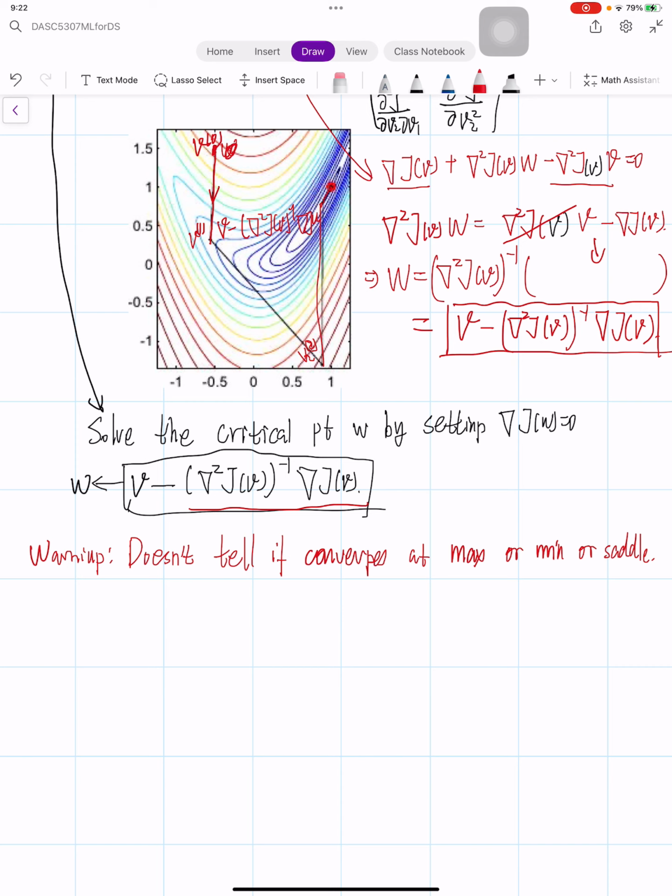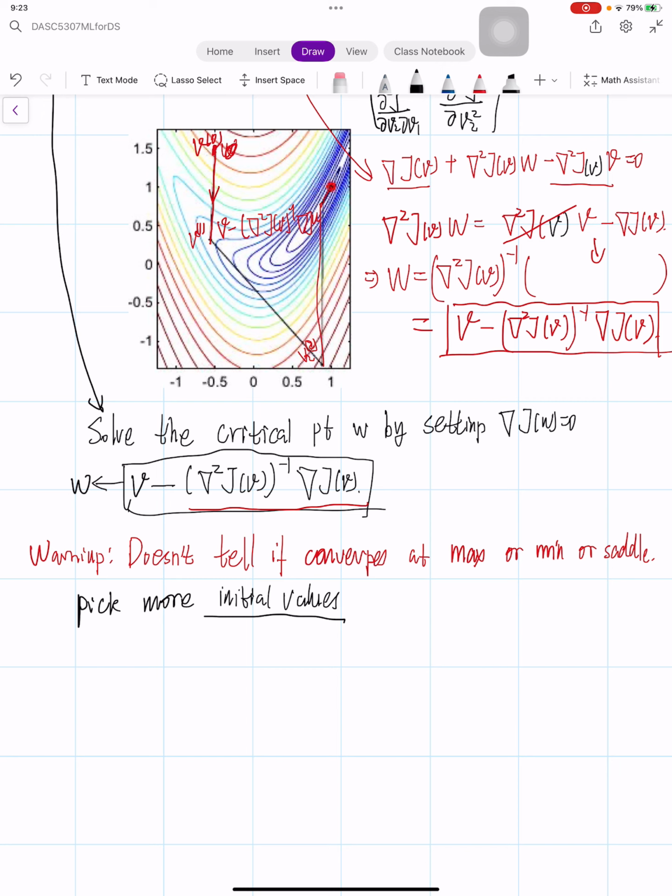So the idea is maybe if you pick more initial values, hopefully some of the initial values can give you a better desired critical point.